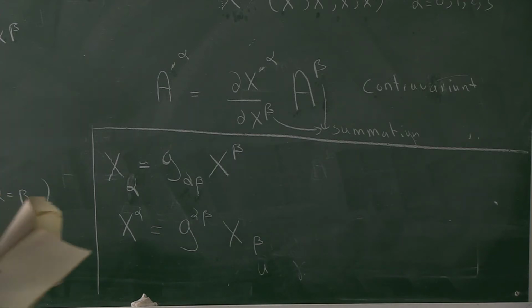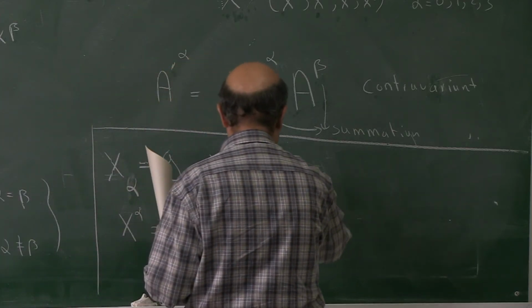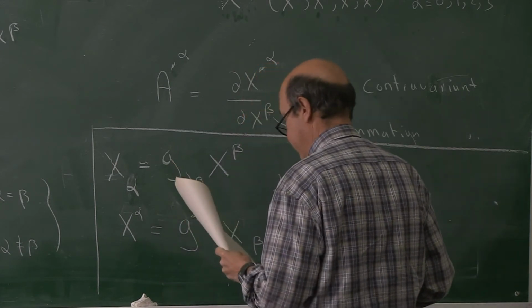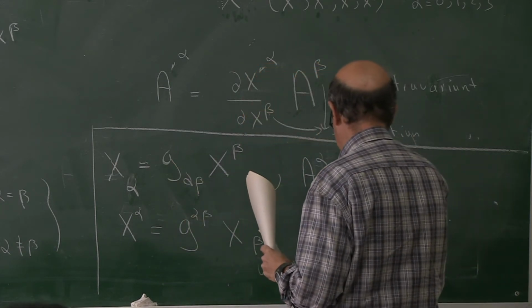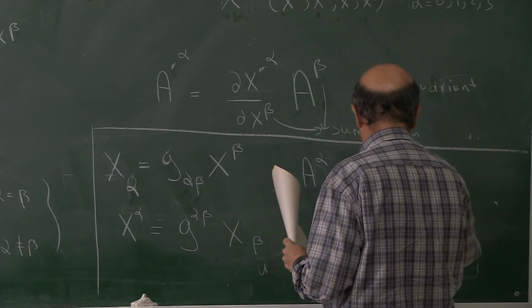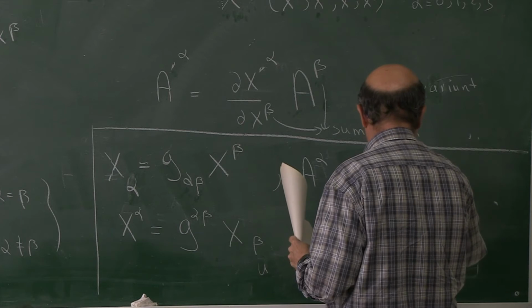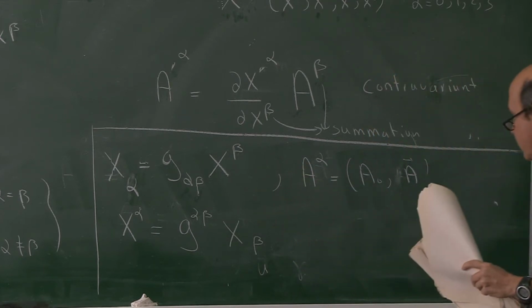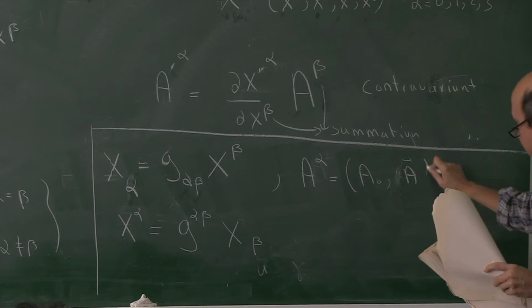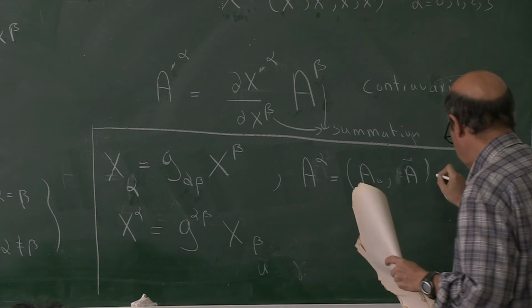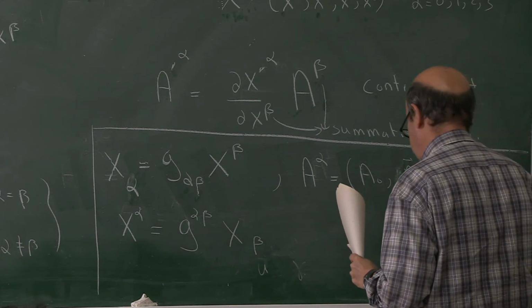Generally, if you have A alpha, you can denote this as a time coordinate plus a space coordinate. If you act a metric tensor, if you lower the index down, so let us put a process here.